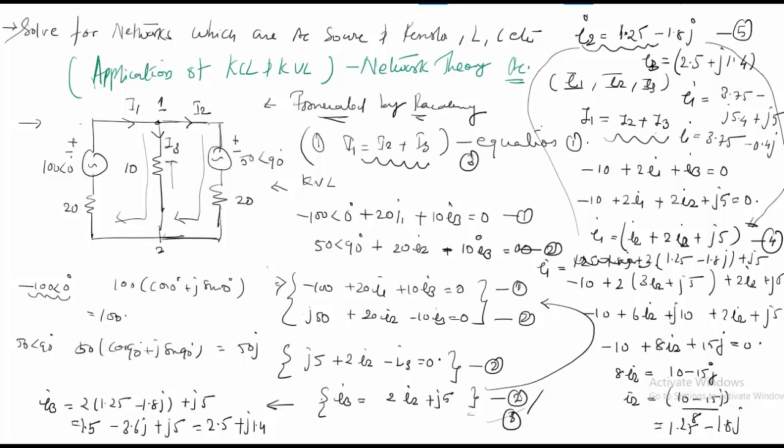So this is my I1. So in this way I got my solutions, which I can write here: this is my I2, this is my I3, and this is my I1, which I got.